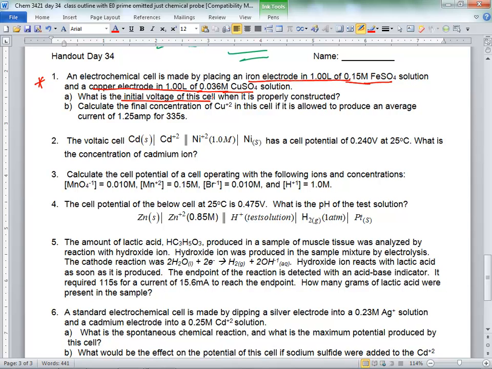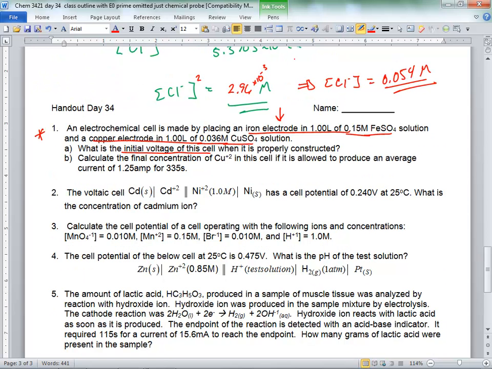So what cell reaction are we going to write? Let's back up. What are the compounds involved in these reactions? Iron with a little what subscript? Iron electrode. It has to be what? An iron electrode has to be solid.